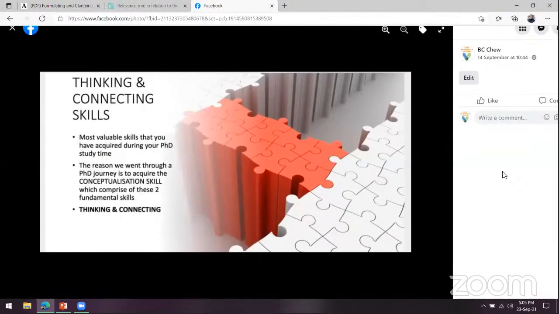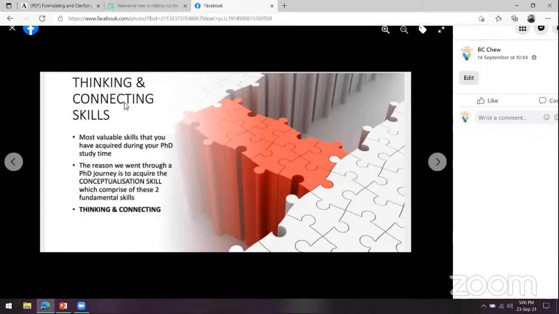Most of us are being asked about thinking and connecting. For a PhD, just now it mentions that it has to be bridging two disciplines, the existing and the new one. So you imagine this would be the existing, this one would be the new one. You are actually building a bridge in order to merge both together.